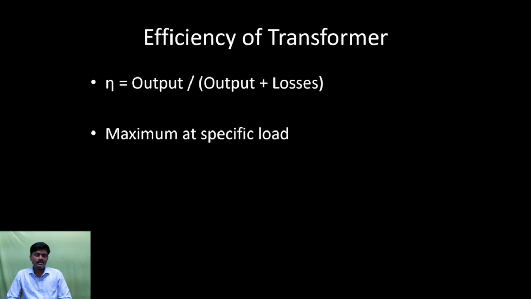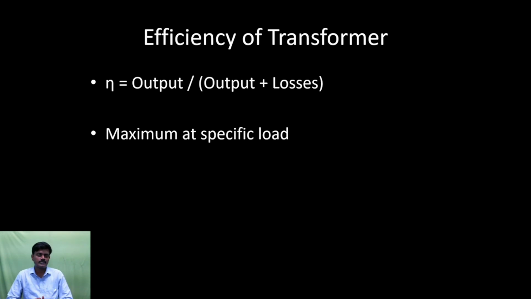In general, the efficiency of the transformer is nothing but the output divided by the input value. I give the input from the primary side, where we have the voltage value and also the current value. That is the input power. But what will happen?